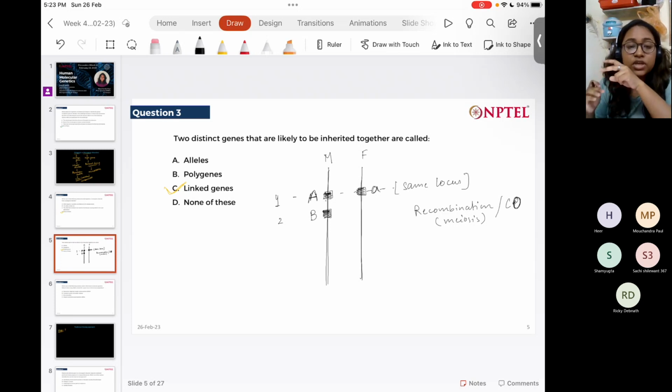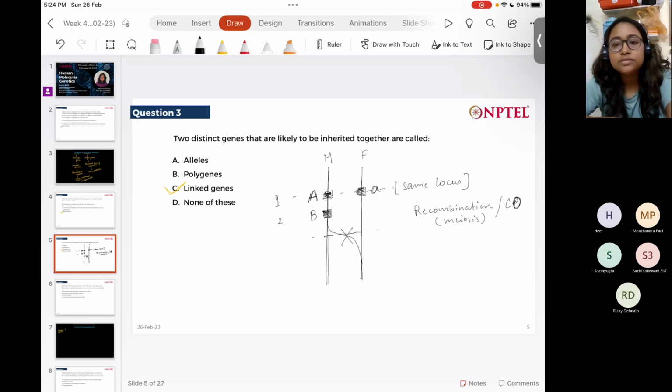So when this individual creates gametes, recombination happens at this position, and AB will be inherited together into one of the gametes. This is a unique property of linked genes.